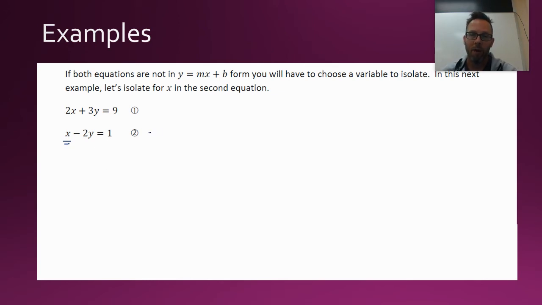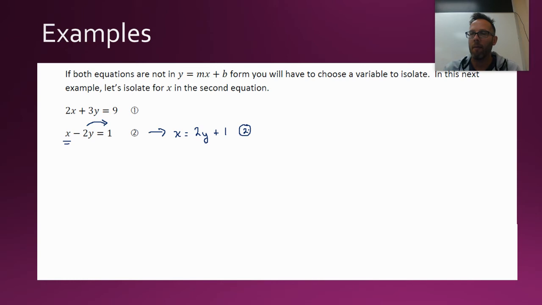So let's rearrange equation 2, just writing it in a different form. We can bring minus 2y to the right, and we get x equals, it becomes positive 2y, and then we have that plus 1 over there. And that's just an alternate form of equation 2. So it's our very first example where we're rearranging the equation.